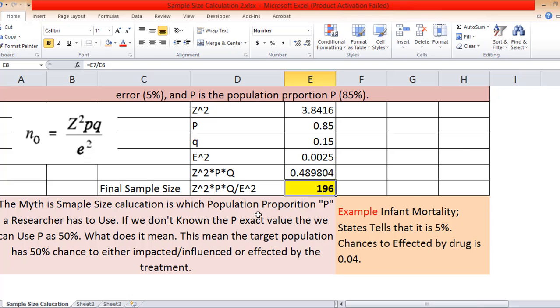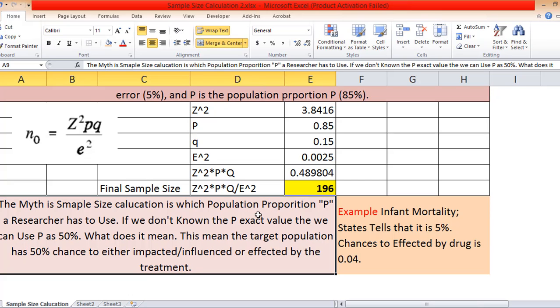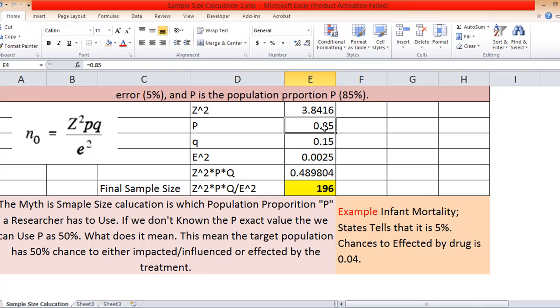The main point which is essential for this kind of formula is the prevalence factor, or the population proportion. If we don't know the population proportion, it is usually recommended to use 50%, or 0.5. So let's say we put 0.5 in P, then what is the result?